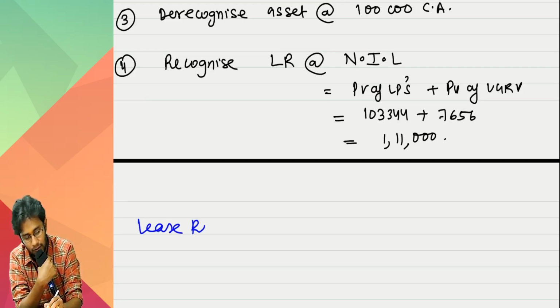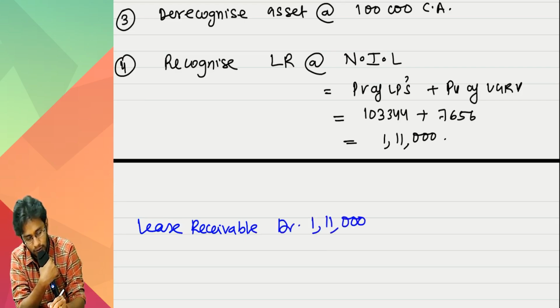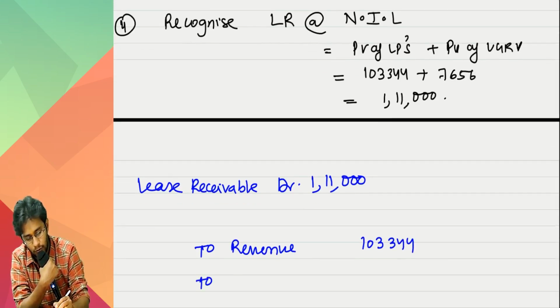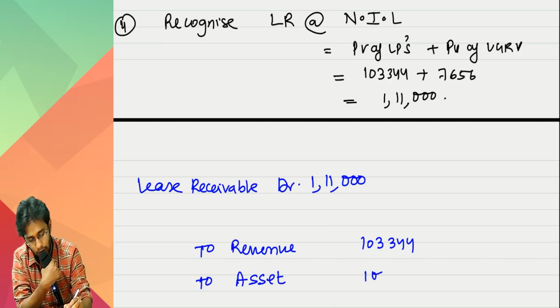Lease receivable account debit 1,11,000 to revenue, first point, 103,344, correct. To remove the asset from your books, 1 lakh.